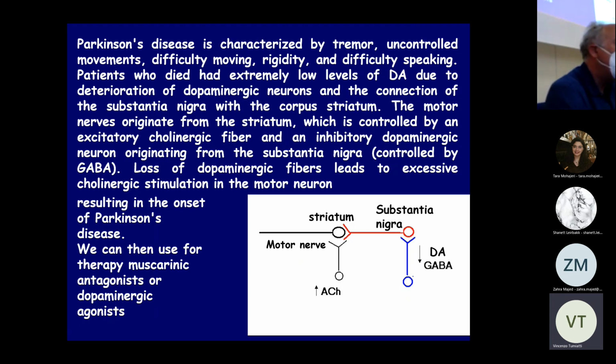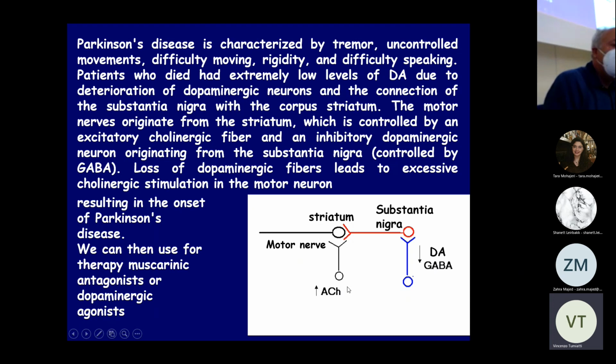So if you want to treat this type of disease, we have to increase the concentration of dopamine inside the motor neurons, by agonists, of course, or by indirect agonists by increasing dopamine.